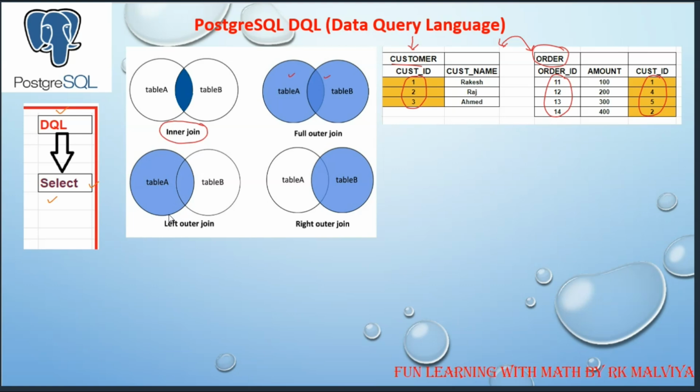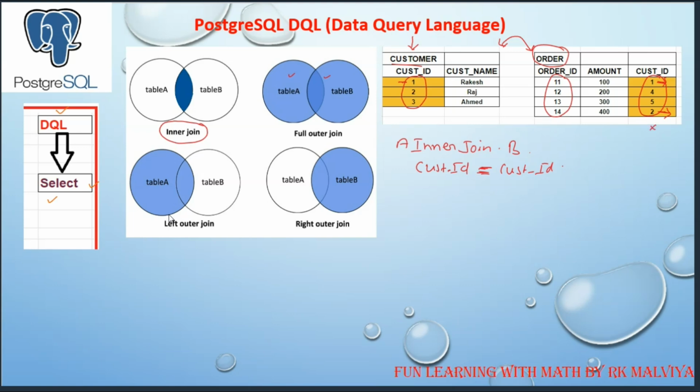First, inner join. For example, I have an inner join with tables A and B, where A is my customer table, B is my order table, and the join condition is customer ID equal to customer ID. Equal means matching. Here 1 is matching 1, 2 is also matching, and 3 is not matching because we do not have any detail.